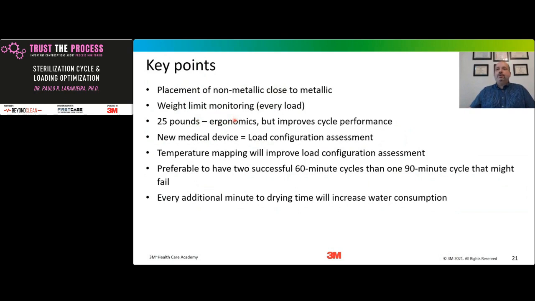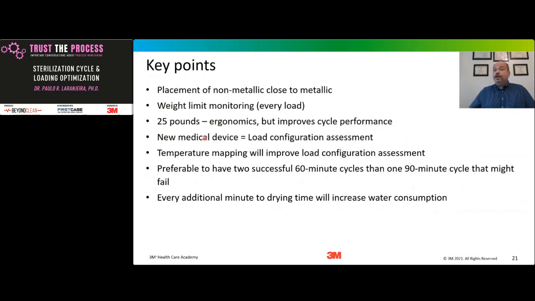Make sure you know what you are placing on your loading carts. And if you have non-metallics, reduce the amount of non-metallics per load, or per tray. You will improve your cycle. 25 pounds is an ergonomic requirement, but it definitely improves cycle performance.